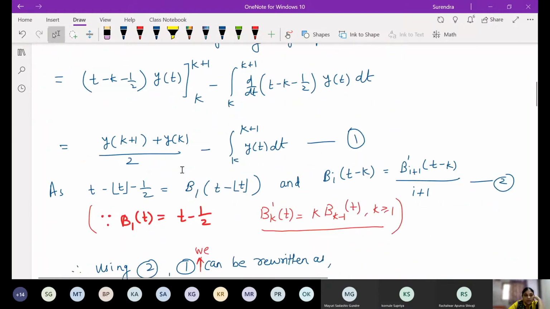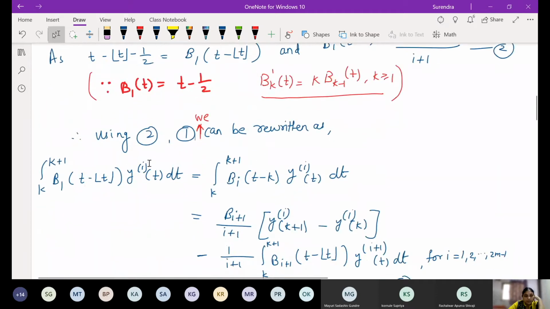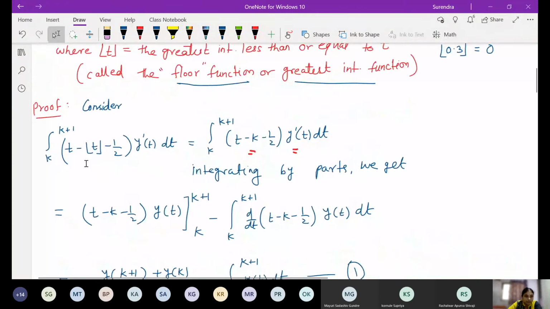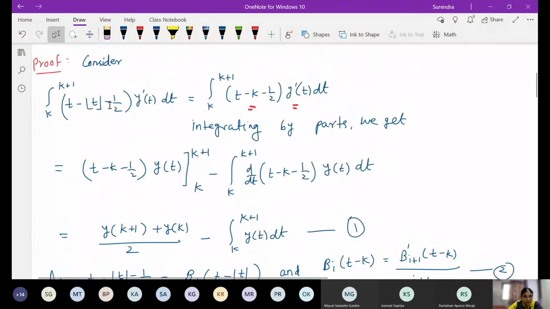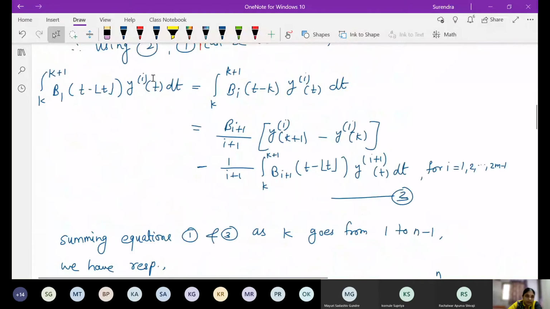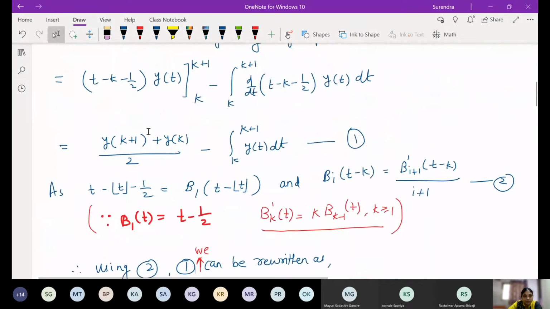So for this ith derivative, I can just use integration by parts. This is my b1 at t minus floor function t. That's what we have written here, and instead of y dash of t, we are now considering the ith derivative of y at t dt. If I again apply integration by parts, I can substitute the values over here.